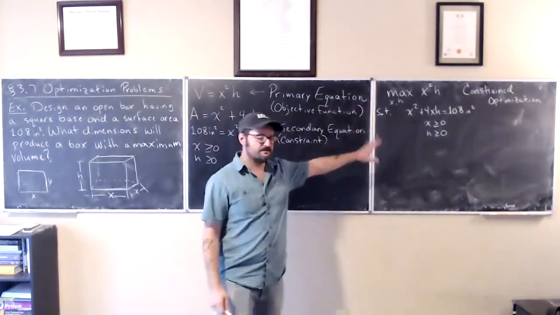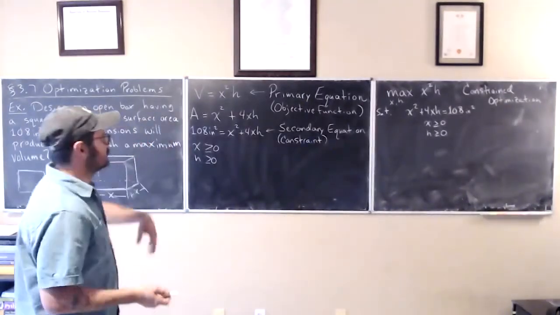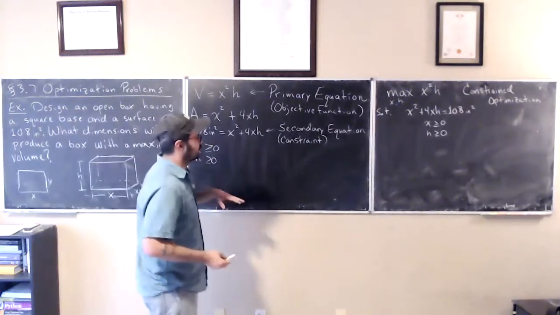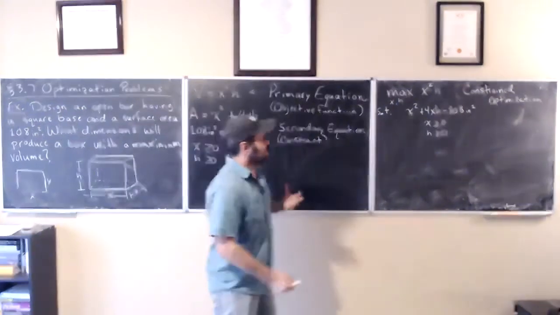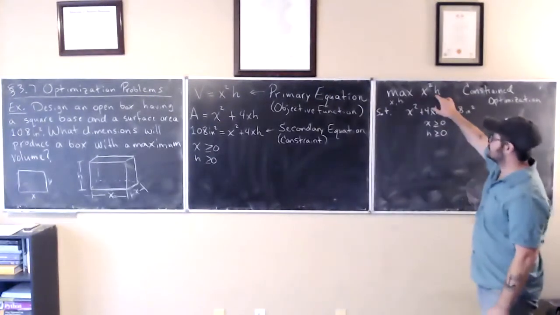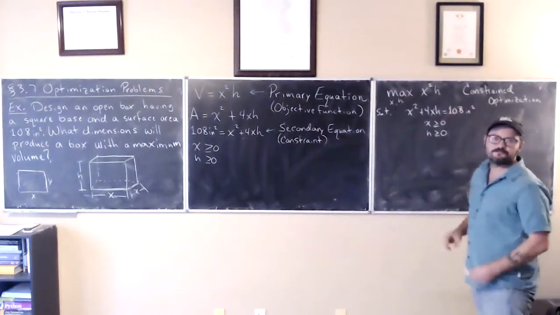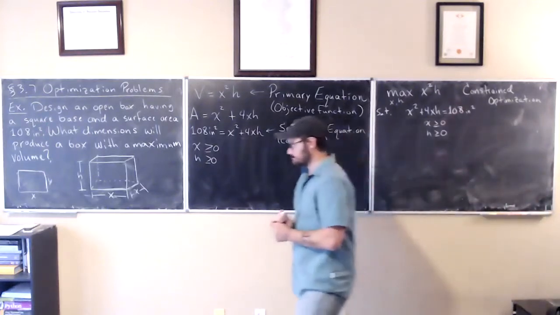Using the language of optimization, that would be referred to as the objective function. But your textbook uses primary equation, secondary equation. But I really would like to emphasize, you're trying to maximize the objective subject to the constraints on that objective.